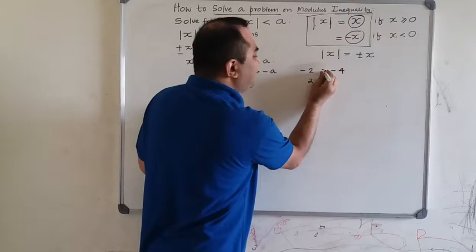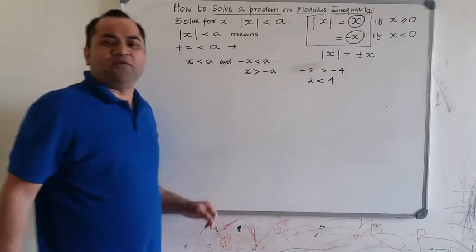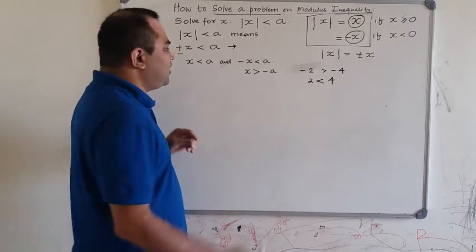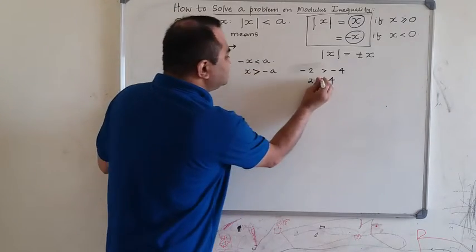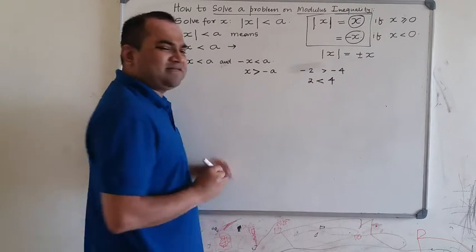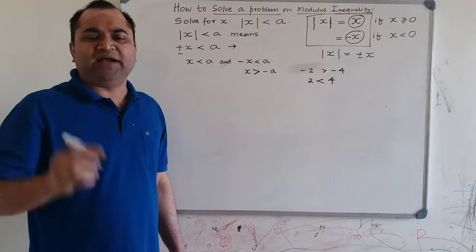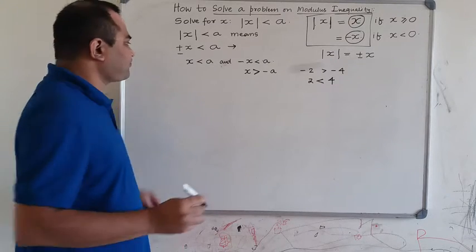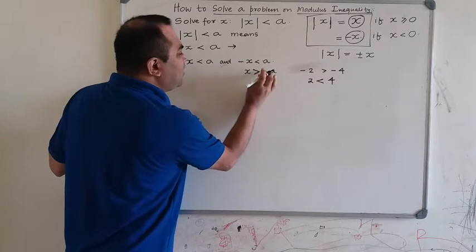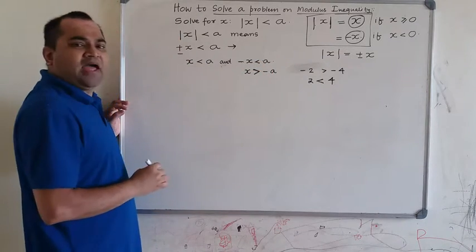So what do you expect the inequality to do? Of course, it will reverse, as we know 2 is less than 4. Therefore, inequality signs get reversed when you take away the minus sign from the two sides of an inequality. So after removing the negative sign from the left side, or putting it on the right side, less than will change to greater than.